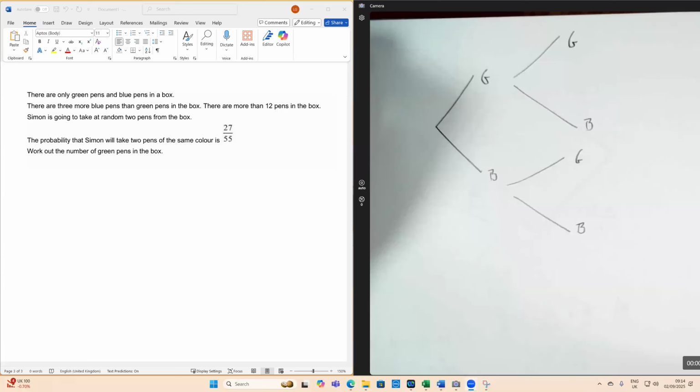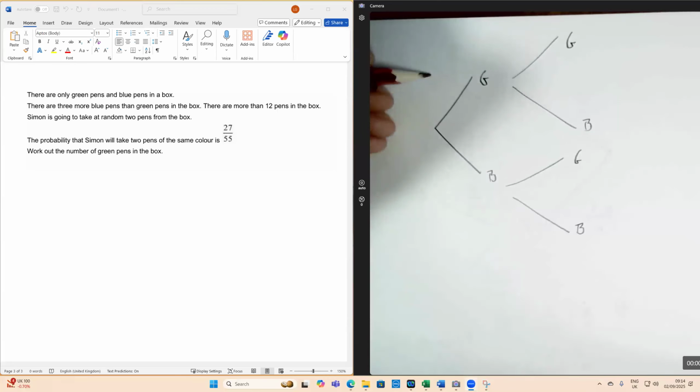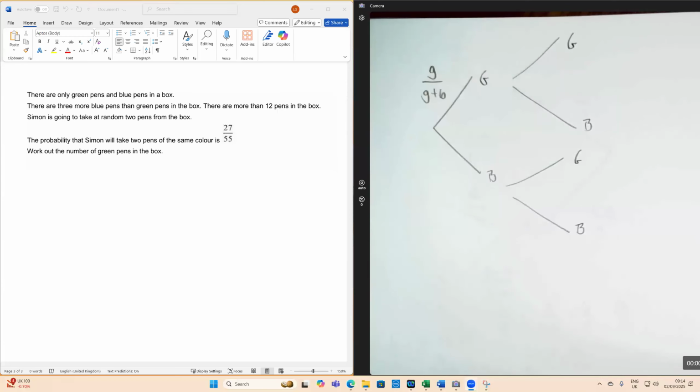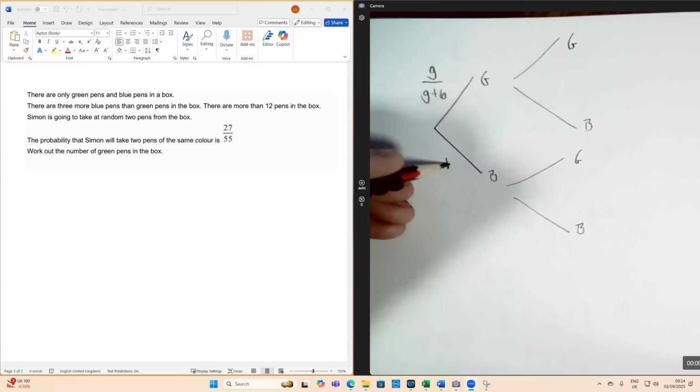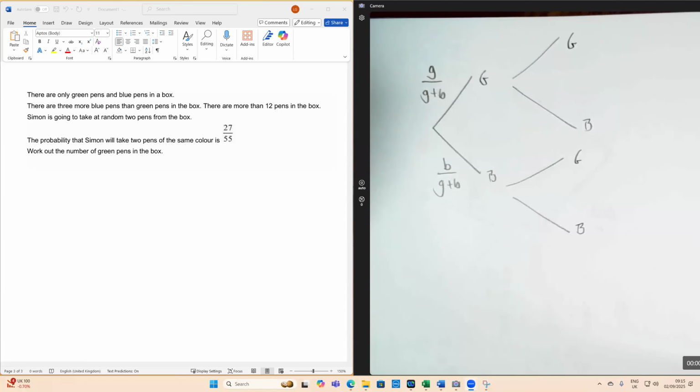Let's say that the number of green pens is G and the number of blue pens is B. So the probability of green is going to be G over G plus B. Probability of blue is B over G plus B. So that's the probability of our green and our blue.